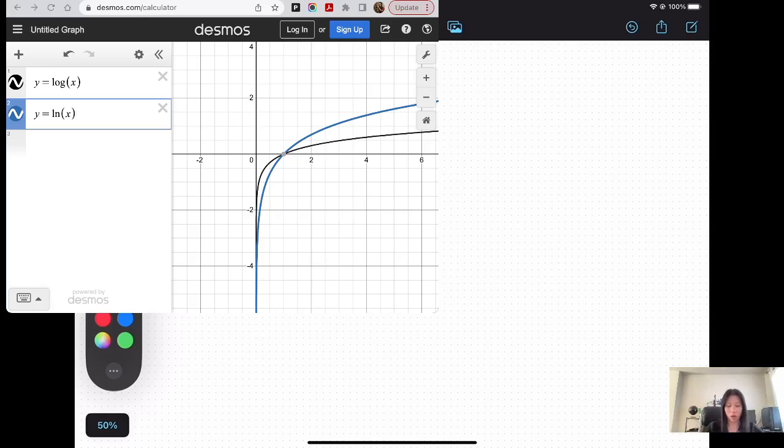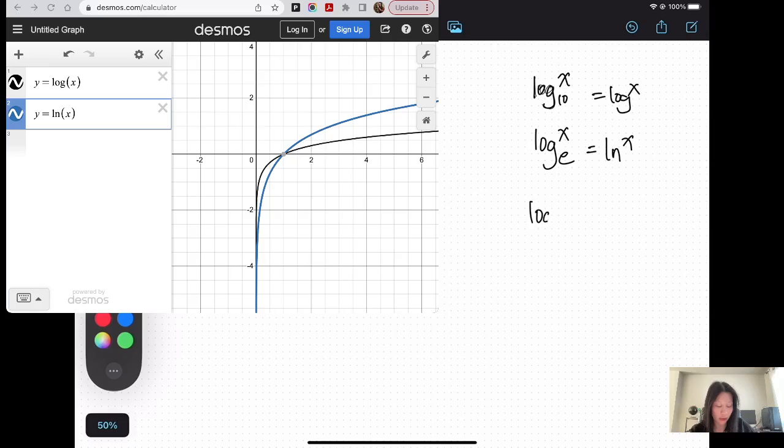So now we already have the graph of log base 10 of x, which is the common log, where you will not see the 10, and the natural log, which is ln x.